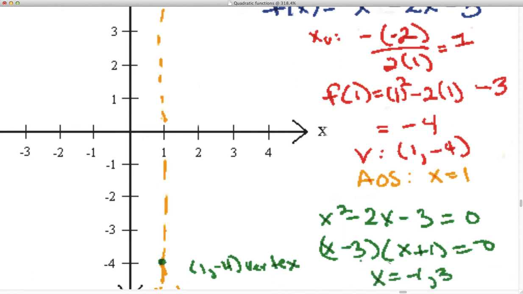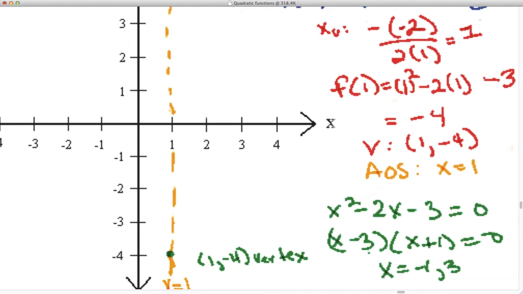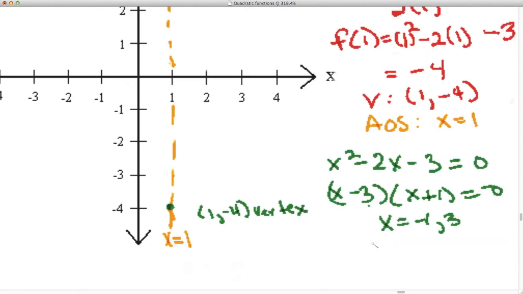If you set each of these individually equal to 0, that tells you that we have those 2 intercepts of negative 1, 0 and 3 comma 0. That was for the x-intercepts, where you set y equal to 0.